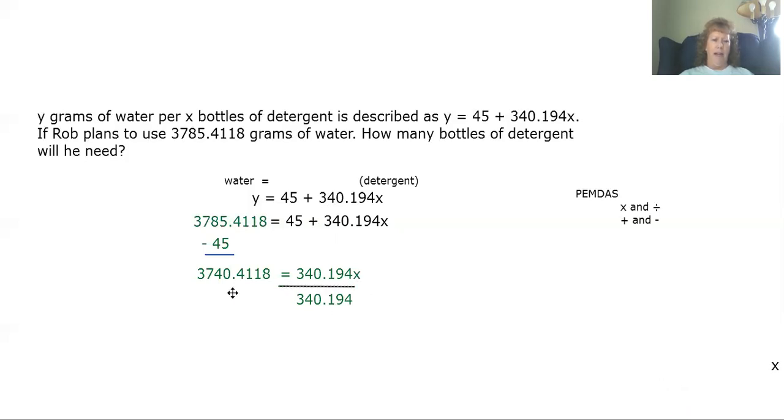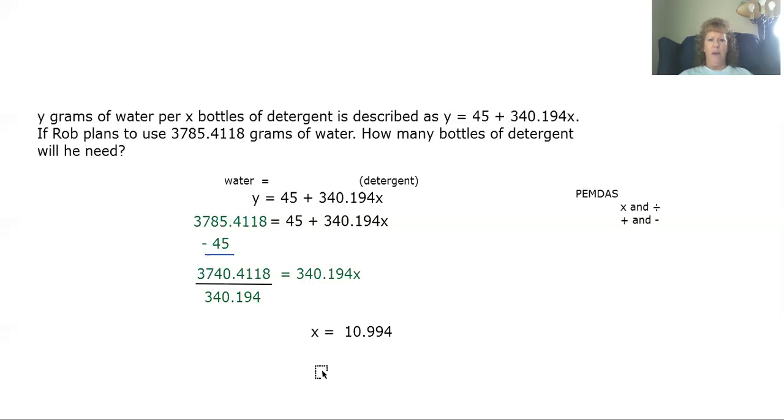If I divide this side by 340.194, give you a second to try to catch up with that. Then X will be equal to 10.994.